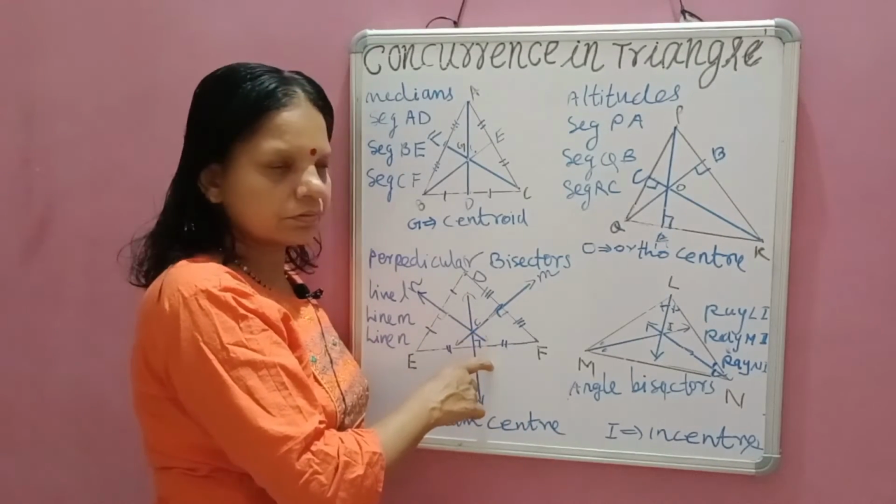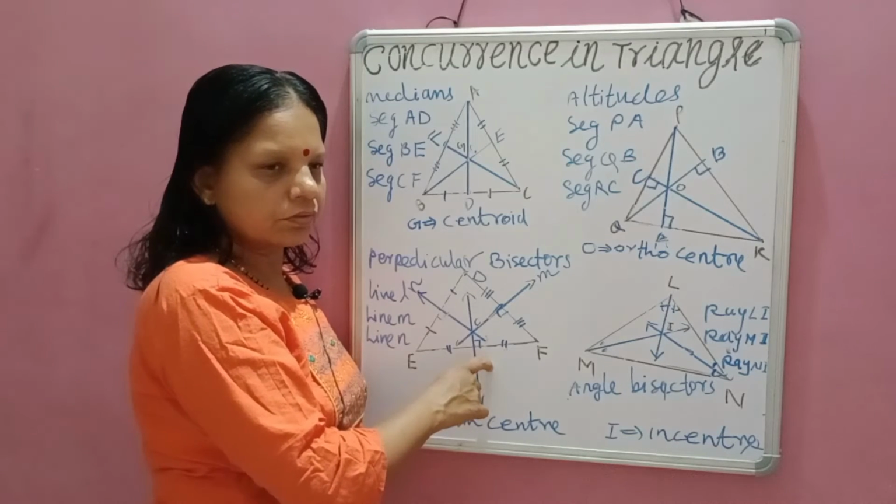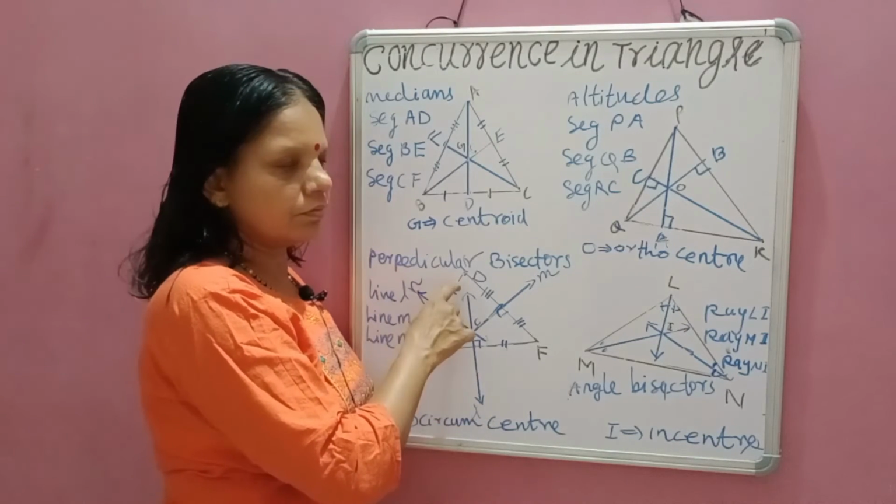So that is about the point of concurrence of perpendicular bisectors.